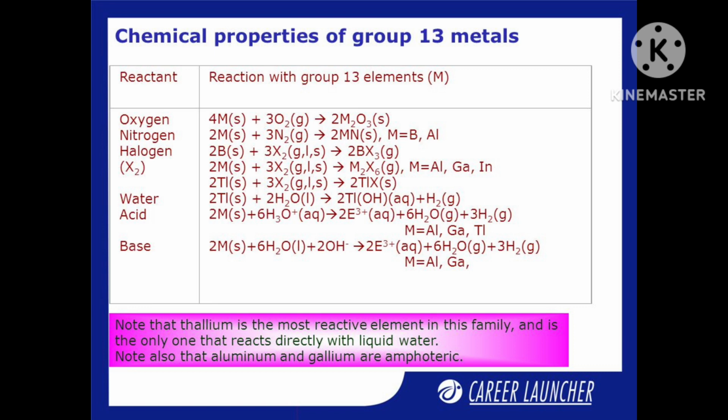BCl3, boron trichloride, easily accepts a lone pair of electrons from ammonia to form BCl3·NH3 compound.